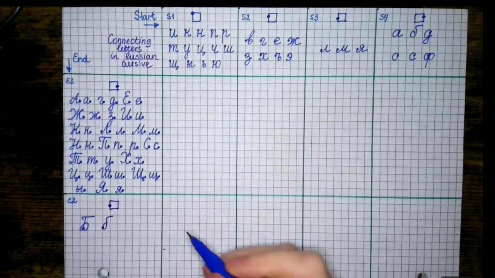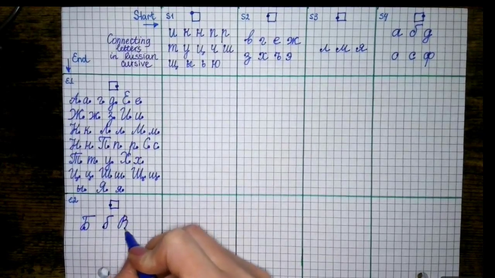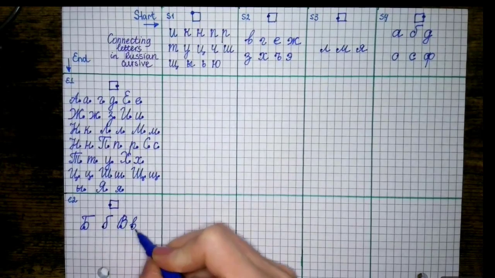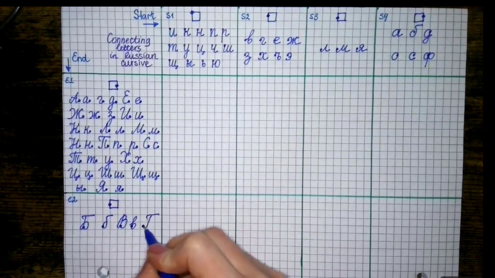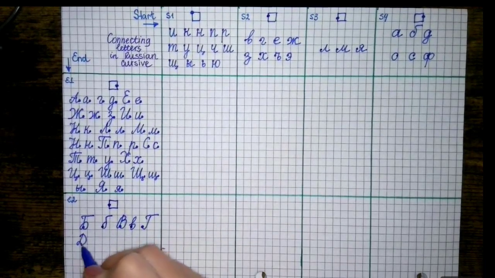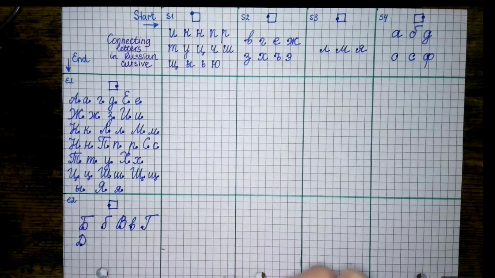So as I said, by approximation, some of them are here. Next one, both letters V. The capital G, capital letter D. And again, it ends here, but we will basically go back to this spot to start connecting it.